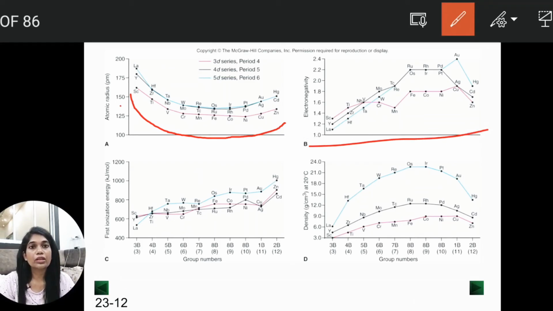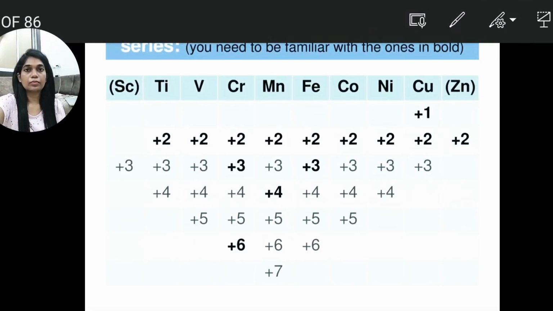Also in the first ionization energy there is fluctuation. There is no gradual decrease or gradual increase in ionization energy.